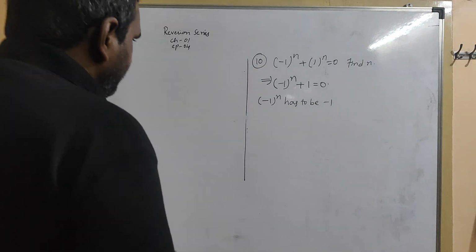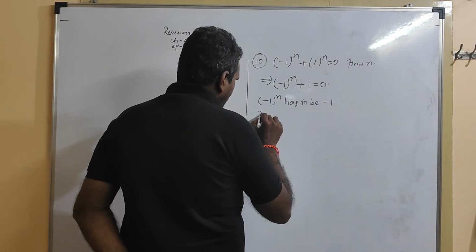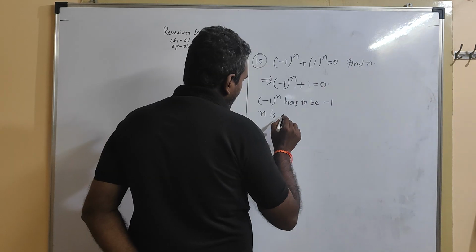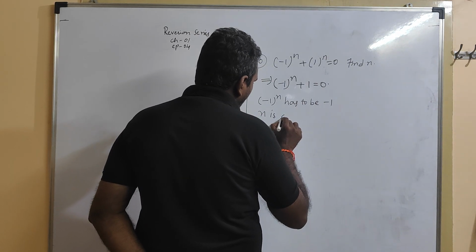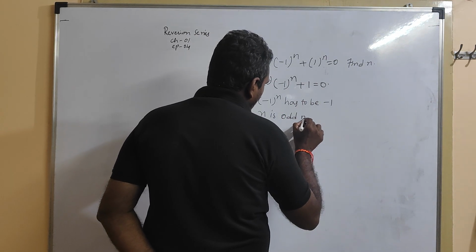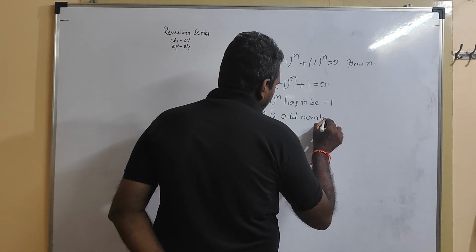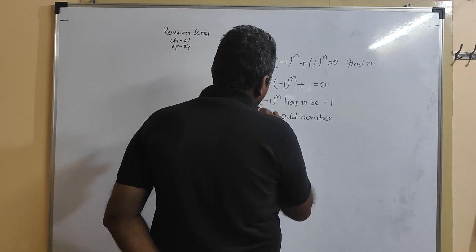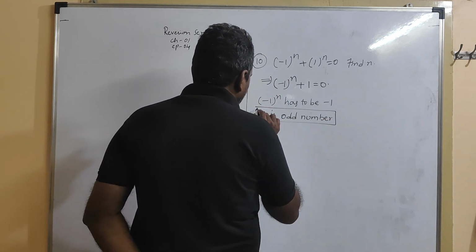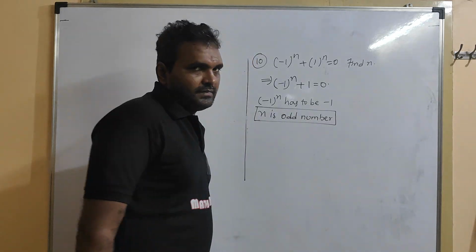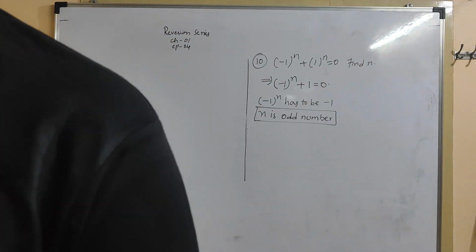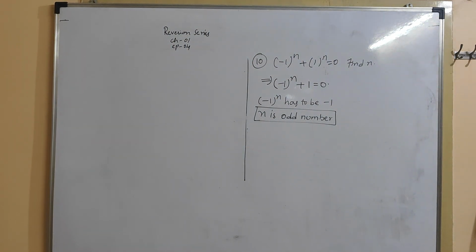So for every odd number n, this will be satisfying. Am I clear regarding this?